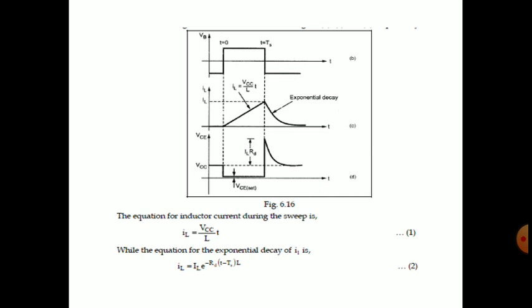At t equal to 0, we have a higher pulse, that is the level is rising, and it is maintained up to t equal to Ts, the storage time, and after that it again reaches the lower level.